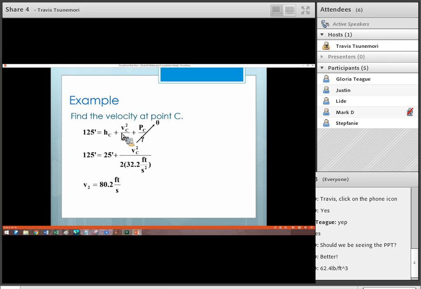And so then by solving that equation, we're going to get the velocity at C. And remember that with feet, we're in English units, so our g, our gravitational constant, is going to be 32.2 feet per second squared.